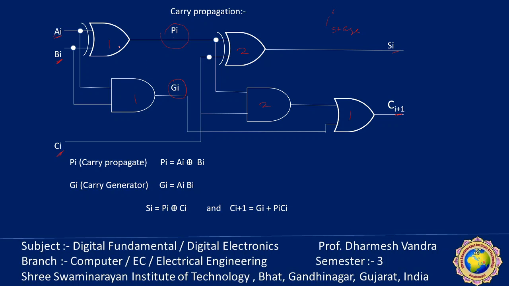Pi is set after one XOR gate time, and Gi is set after one AND gate time. These two signals are common to all full adders and depend only on the input bits Ai and Bi. The signal path is from the input carry Ci to the output carry Ci plus 1.